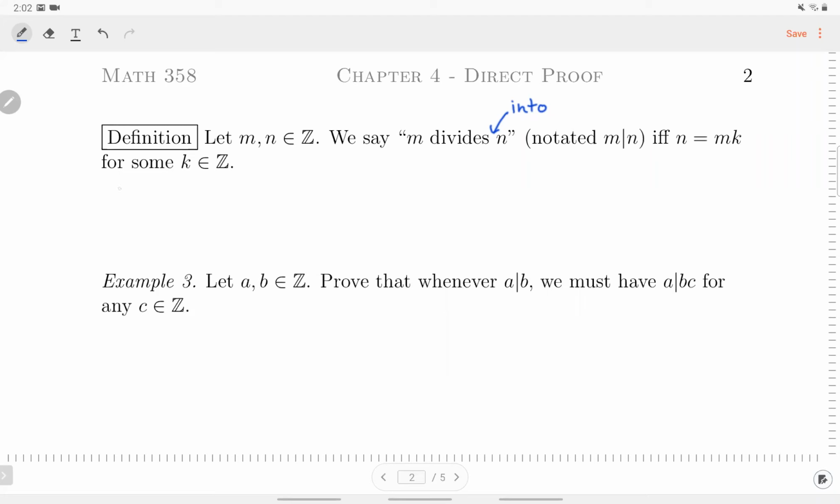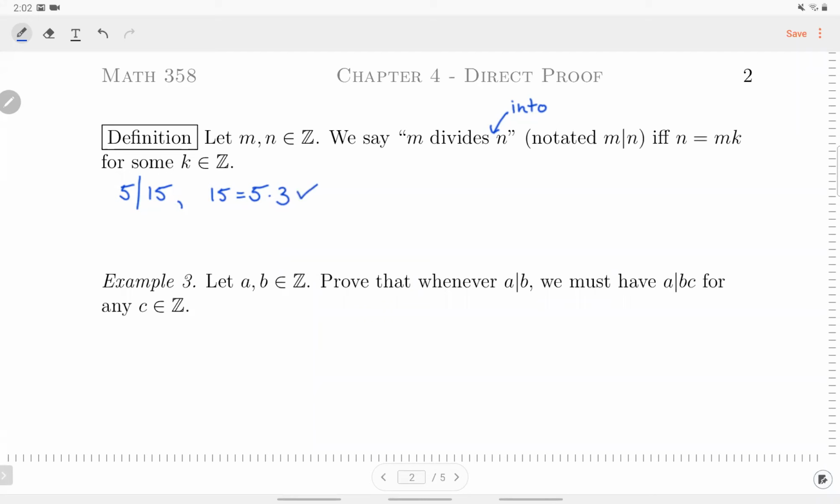So for example, we would say 5 divides 15, right? Because we need 15 to equal 5 times something that's an integer. Well, what is that something? It's 3. Okay, so I was able to find some integer k that worked.